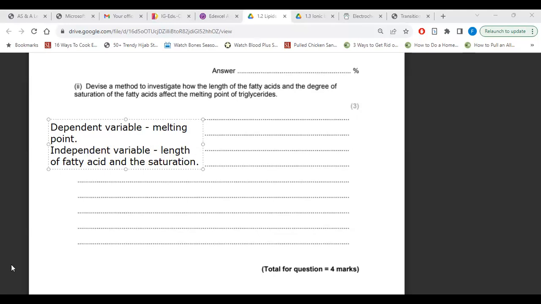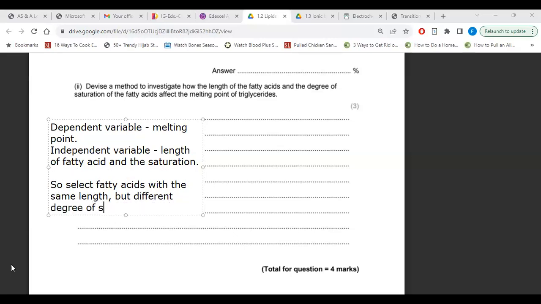I can only test for one thing at one time. So what I can do is select multiple fatty acids that have the same length, but they have different degree of saturation.